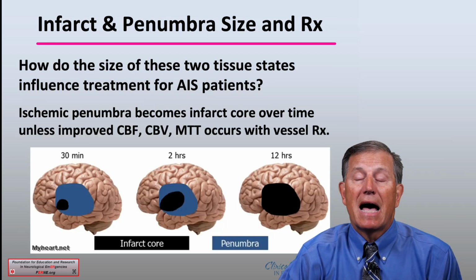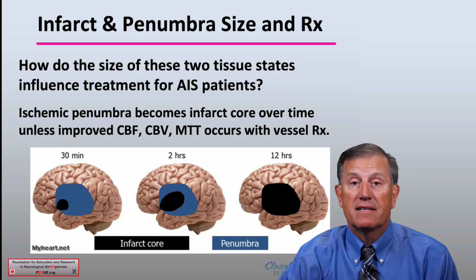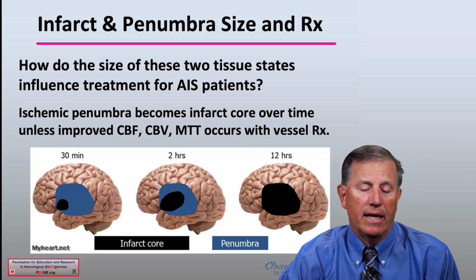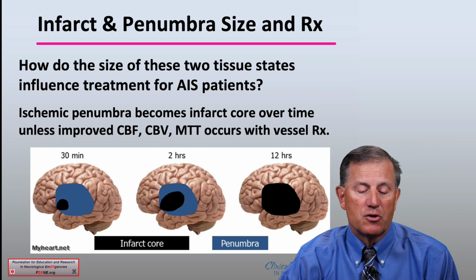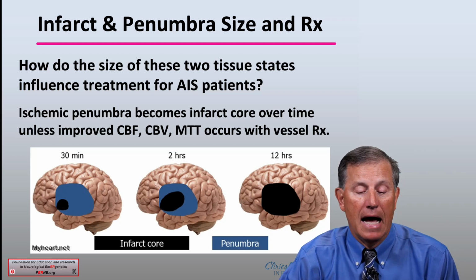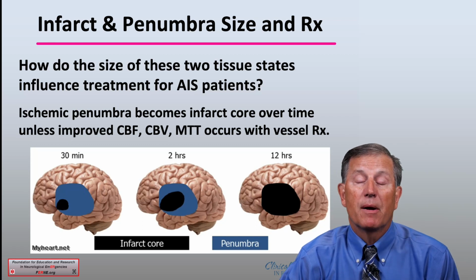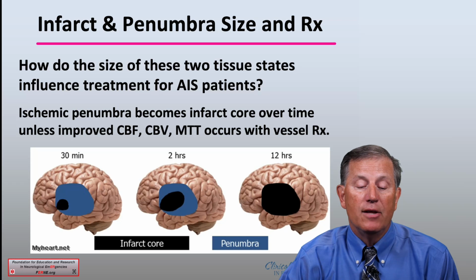So how is the size of these two tissue states, core infarct and ischemic penumbra, how are they related? You can see here in this graphical representation, the core infarct is in black. On the left, a small infarct and a large ischemic penumbra at 30 minutes. And you see at 2 hours, the core grows.